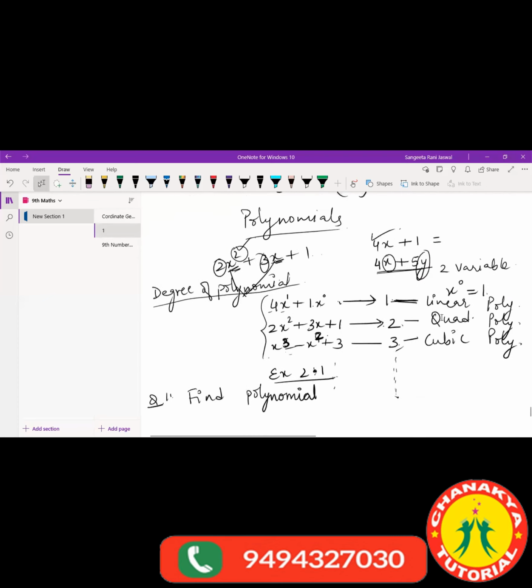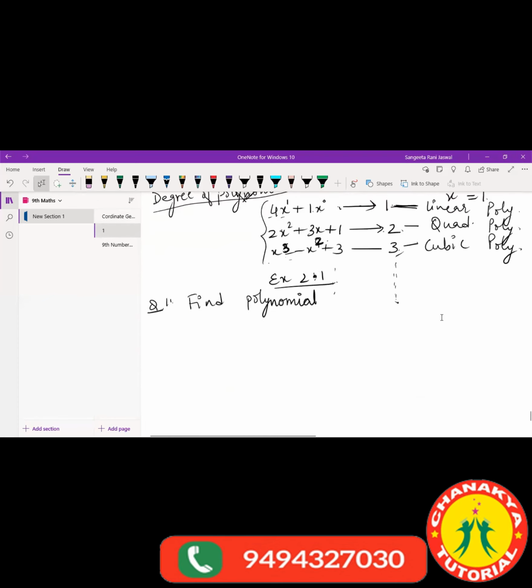Okay, coming to polynomials now. Find, what was the question? Okay, find polynomials in one variable.